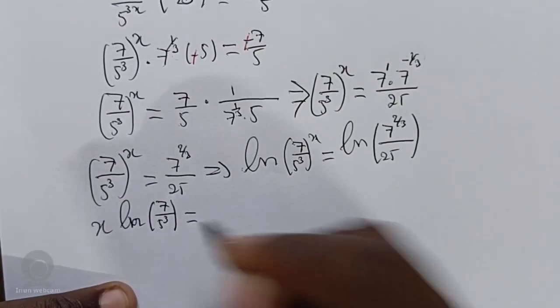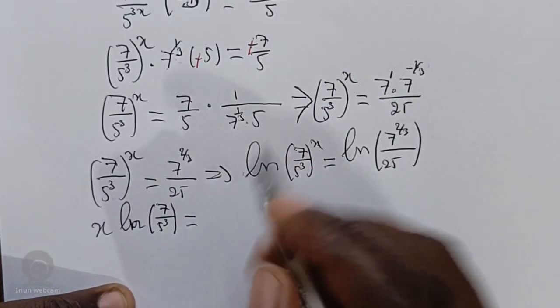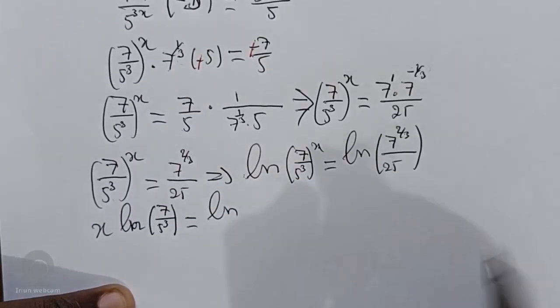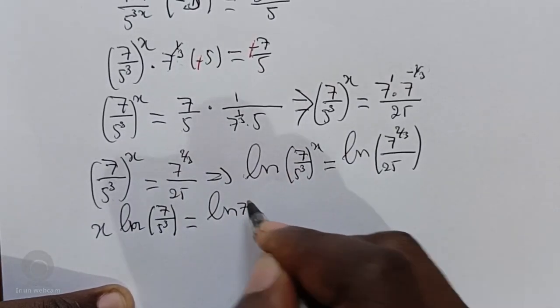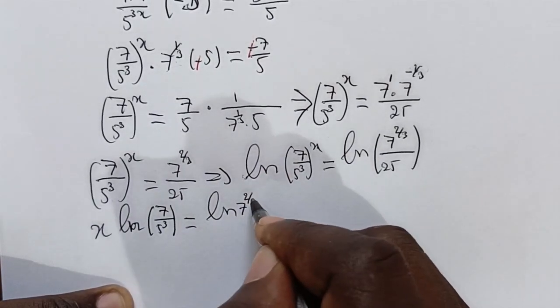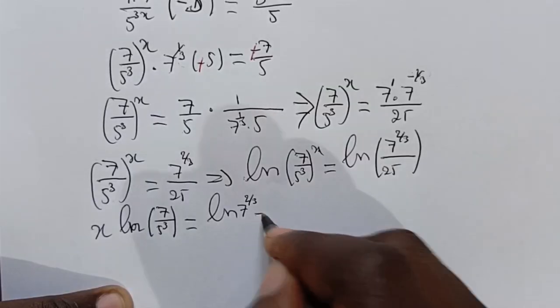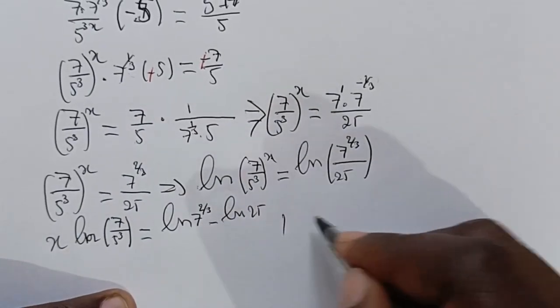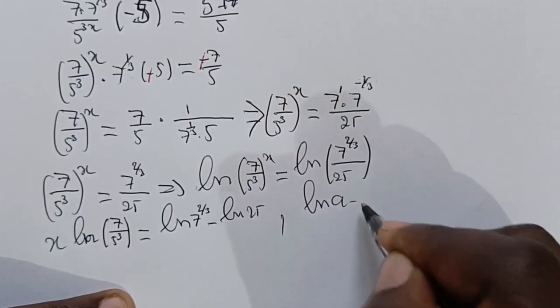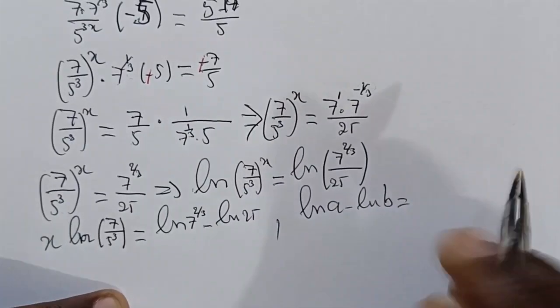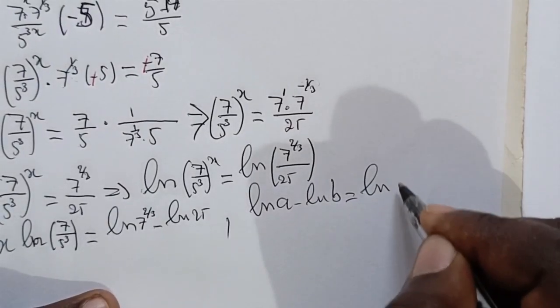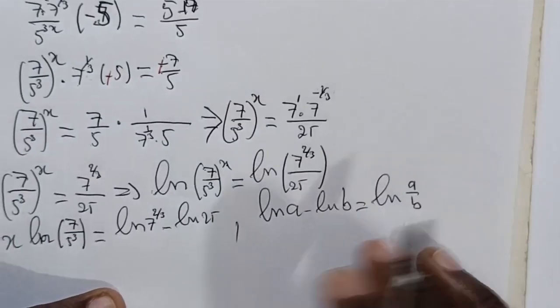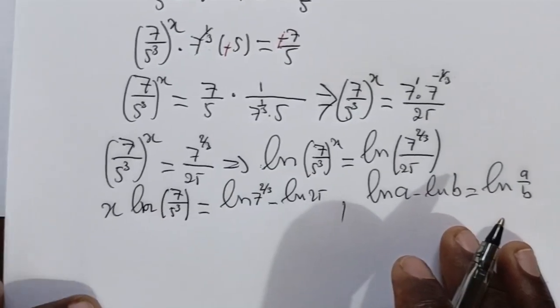And this will be the natural log of 7 to the power 2 over 3 minus the natural log of 25. Remember that the natural log of a minus the natural log of b, this is the natural log of a over b. This is what I did.